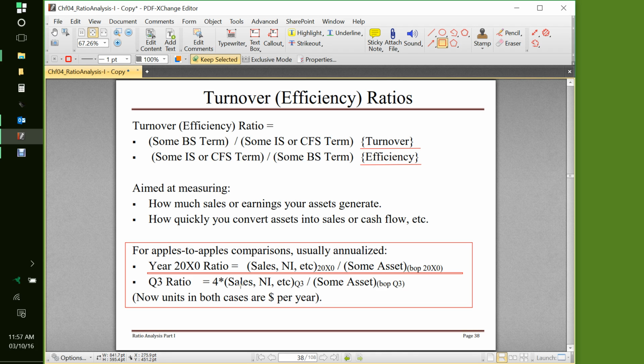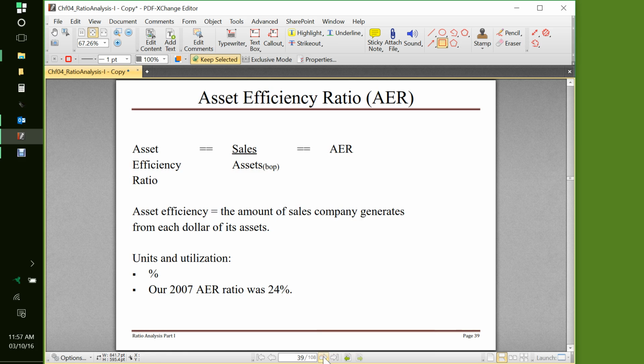So how do we get from sales per quarter to sales per year? Well, we just multiply times 4 quarters per year. So then the units are going to be sales per year, and everything's going to work out perfectly. Okay. I'll keep bringing that up as we go along, so it's not confusing, hopefully.